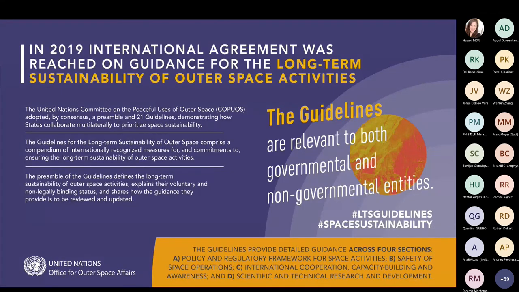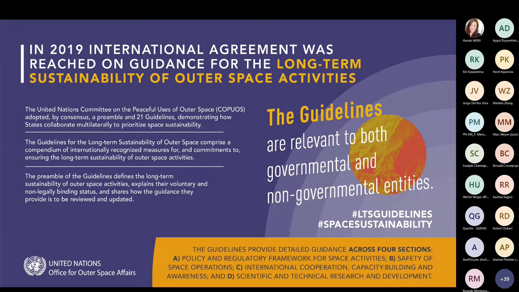So the guidelines that we're speaking about now are not legally binding. They are voluntary guidelines. However, given the many hours of engaged debate by international experts that went into their development, and the fact that the guidelines needed to be agreed by consensus, it means that they've gained a strong political legitimacy. The substantive preamble to the guidelines sets out the objectives and the scope of the guidelines.